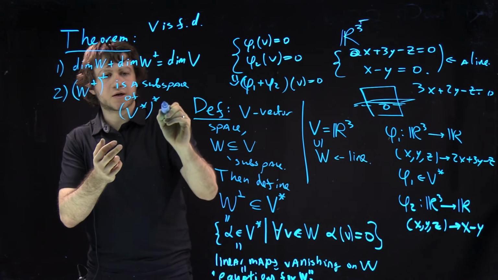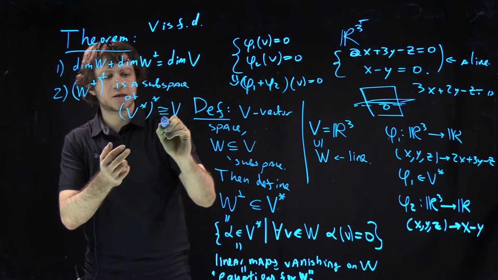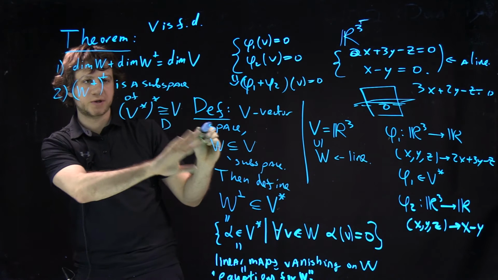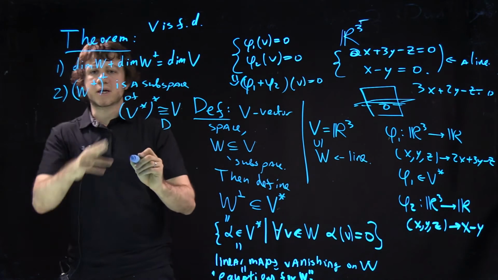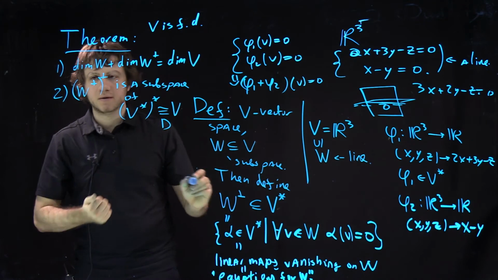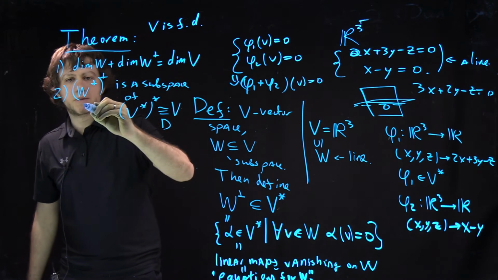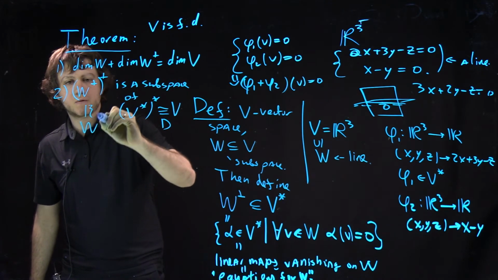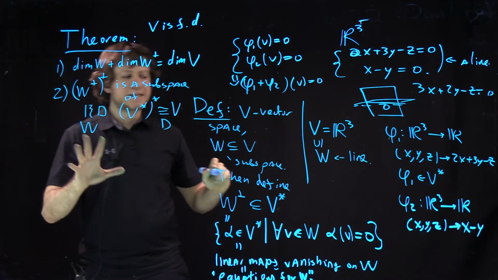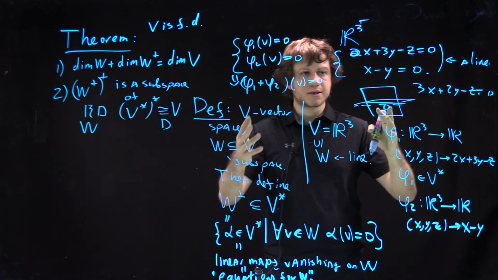But we know that V star star is isomorphic to V, and there is this very nice linear map D, which we discussed already. So we can literally think of V star star as V. And so we can think of what it is inside V. Basically under the map D, this is isomorphic to W. So basically, this duality is symmetric.